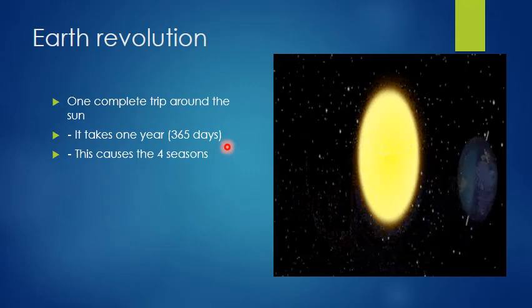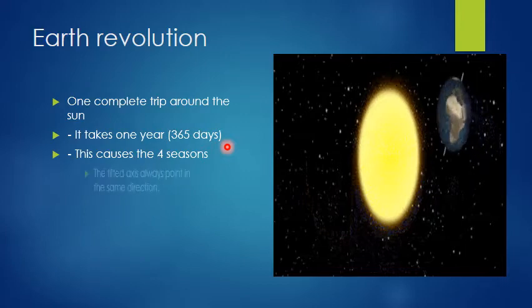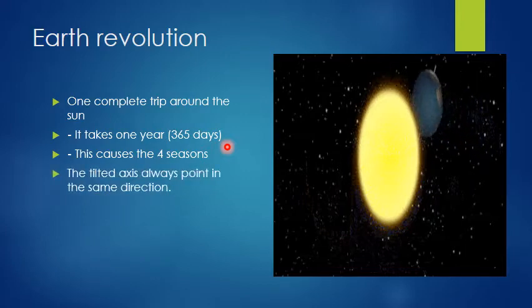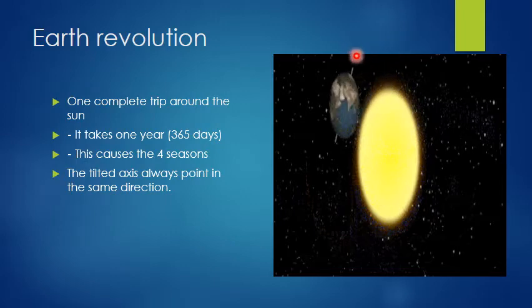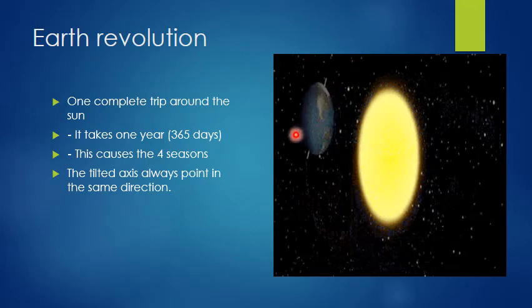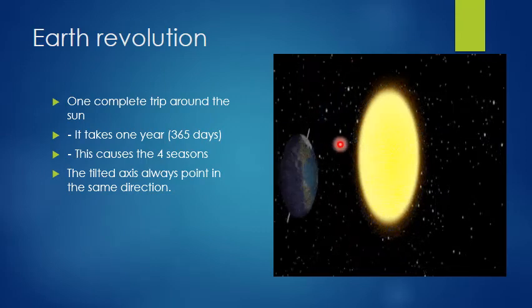And actually what really causes the 4 seasons is the tilting of the axis. The axis of the Earth is not a straight line. It is a little bit tilted, as you can see. It's not a straight line cutting Earth into two halves.